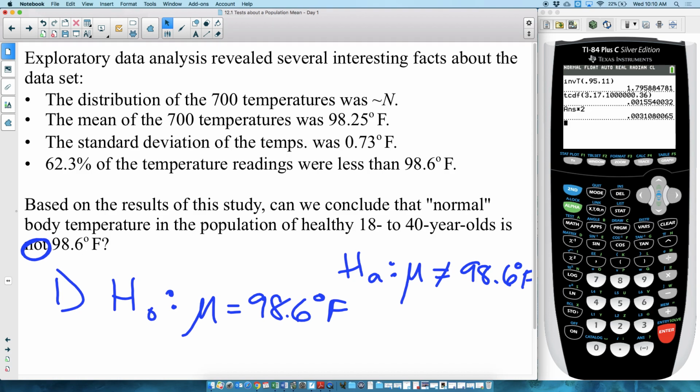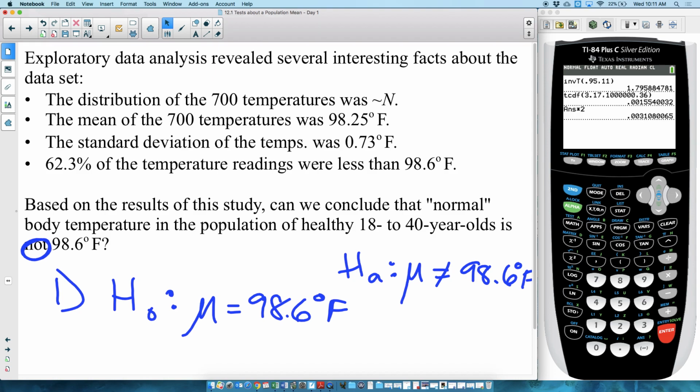With the way they're wording the question, like with the 62.3% less than, unless it specifically states, are we still just going to say not equal to, even if it really hints one way? Right. Because again, we shouldn't look at the data before we come up with our hypotheses. Our hypothesis should have been before we carried this out. So the question was, is it really not 98.6? Not, is it less than?